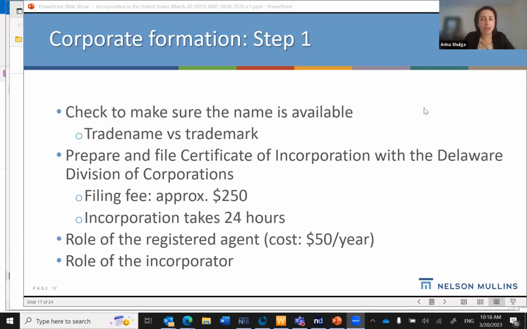Every Delaware corporation, unless it is actually located in the state of Delaware, needs to have a registered agent. These are companies that provide their services. They cost about $50 a year. The reason they're there is so that if somebody sues the company, they can serve the complaint on the Delaware Secretary of State, and the Secretary of State needs to know where to forward it.